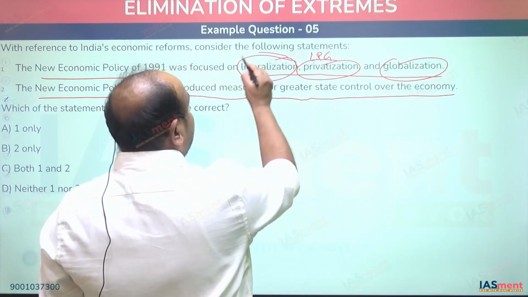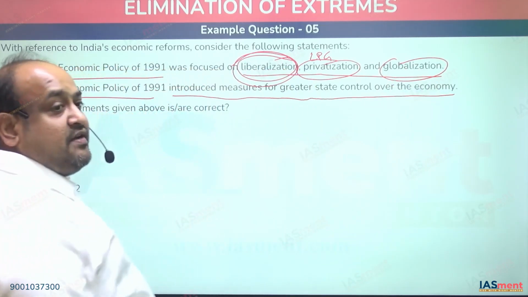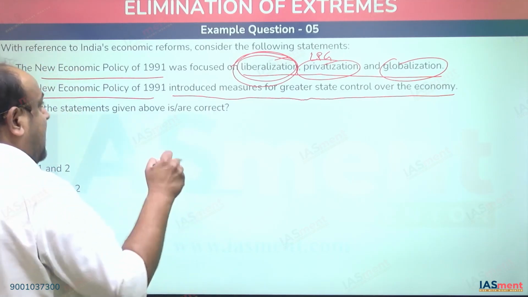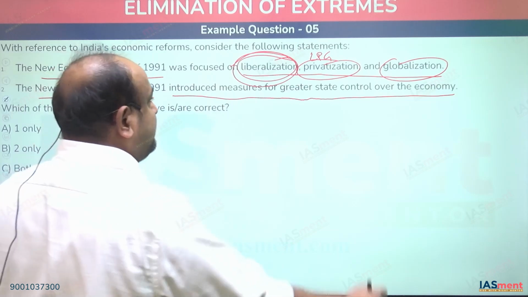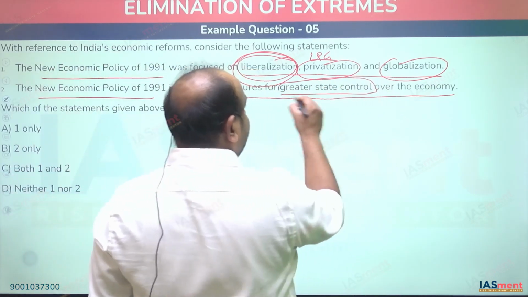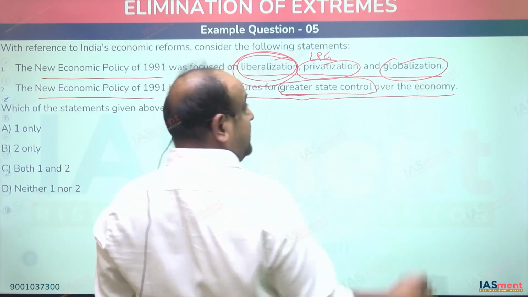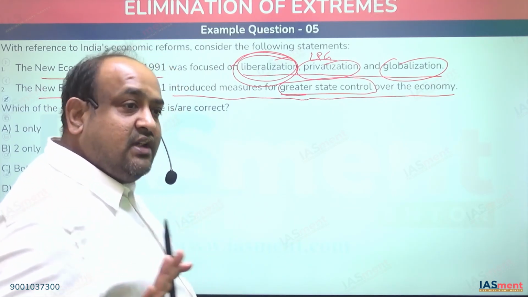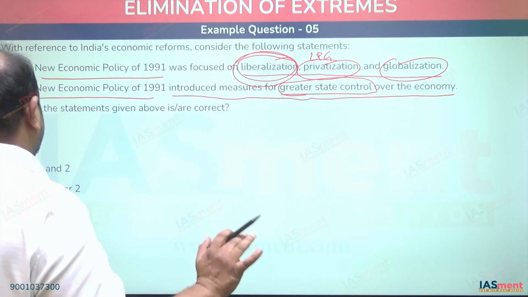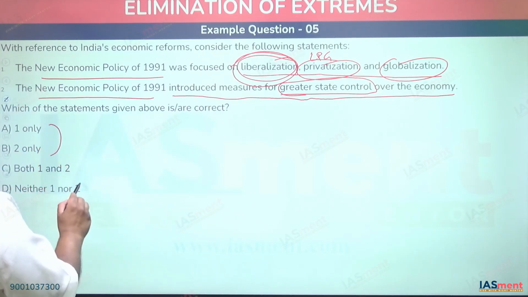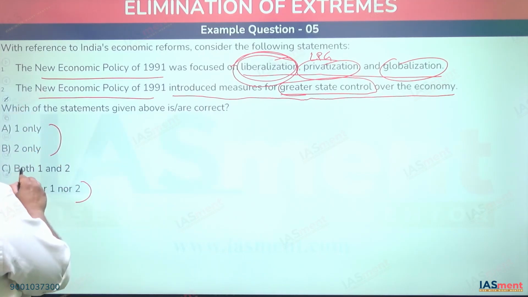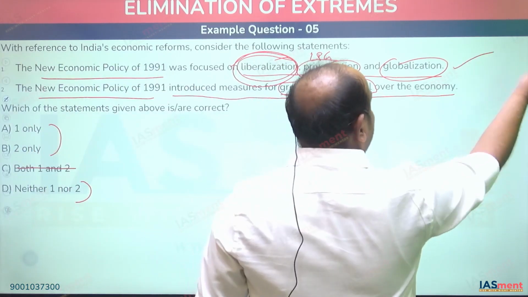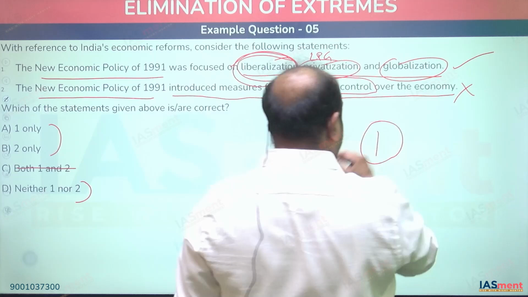Main is liberalization. If a policy is focused on liberalization, then how can that policy support greater state control? So either of the statements is wrong. We concluded this. Then the answer can be either 1, 2 or neither. Option C is totally ruled out. Now we all know about this thing. This is a very basic fact. So the answer is 1.